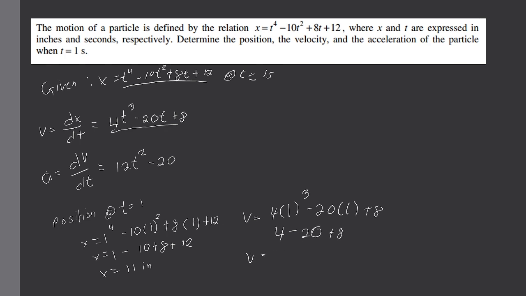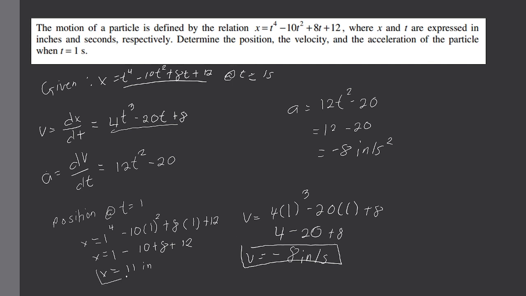So our velocity is negative 8 inches per second. How about the acceleration? Our acceleration is 12t squared minus 20. Again, substituting t equal to 1 second, 12 minus 20 is equal to negative 8 inches per second squared. So we have the answers: position is 11 inches at 1 second, with a velocity of negative 8 inches per second and an acceleration of negative 8 inches per second squared.